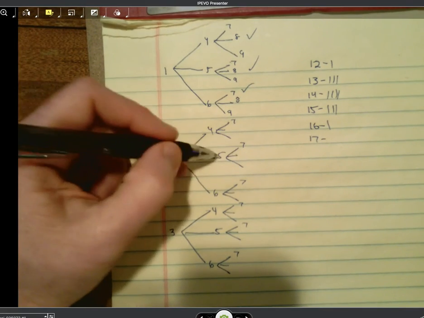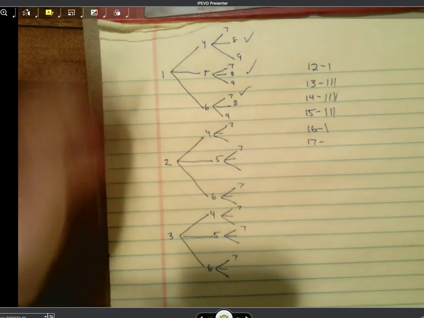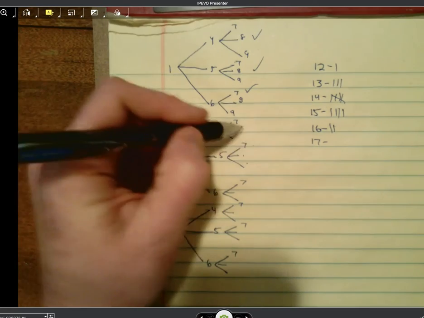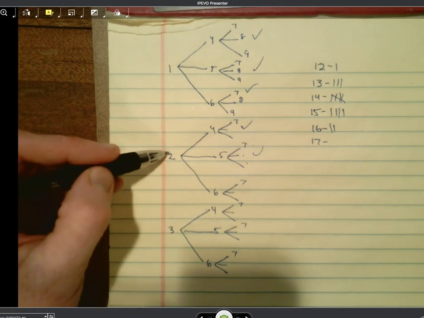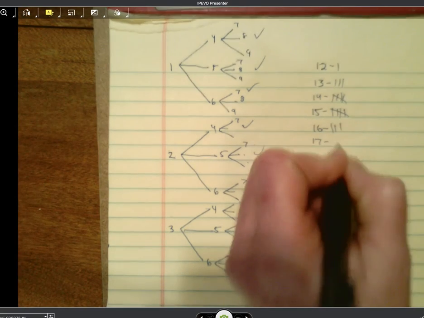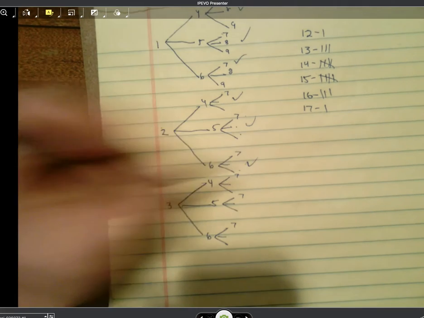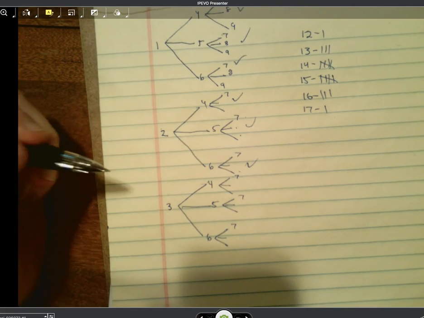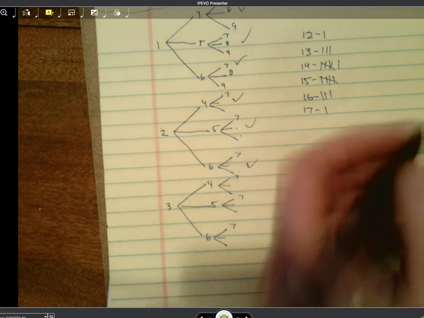This is going to be 2 and 5, and 7 is 14. So we have 14, 15, 16. Okay, I just did that one and that one. So this one's going to be 13, 14, 15. So 15, 16, 17. Okay. Now, so we took care of that branch. Now let's take a look at this branch. I have 3, 4, and 7. So that's 14, 15, 16.